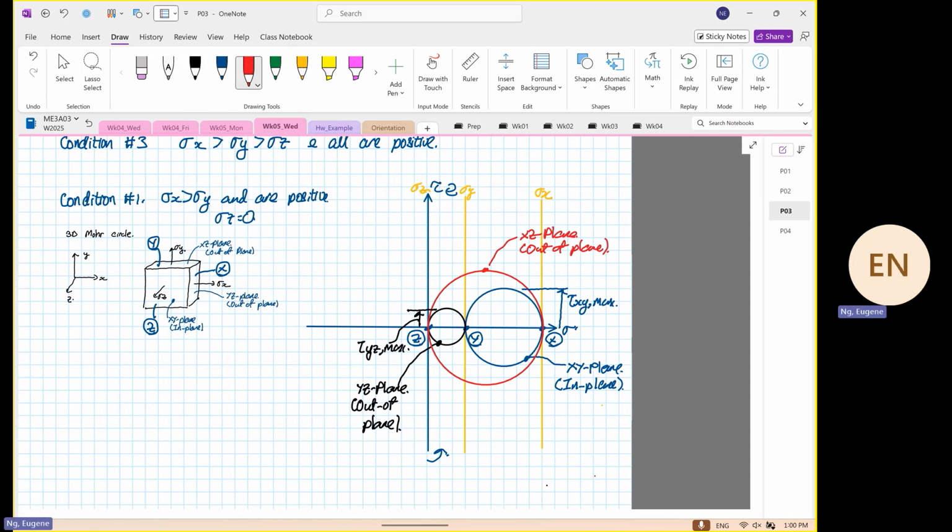And then finally, this is going to be your shear XZ max. And we know for this case, this is our in plane. This is our out of plane. And this is our out of plane.